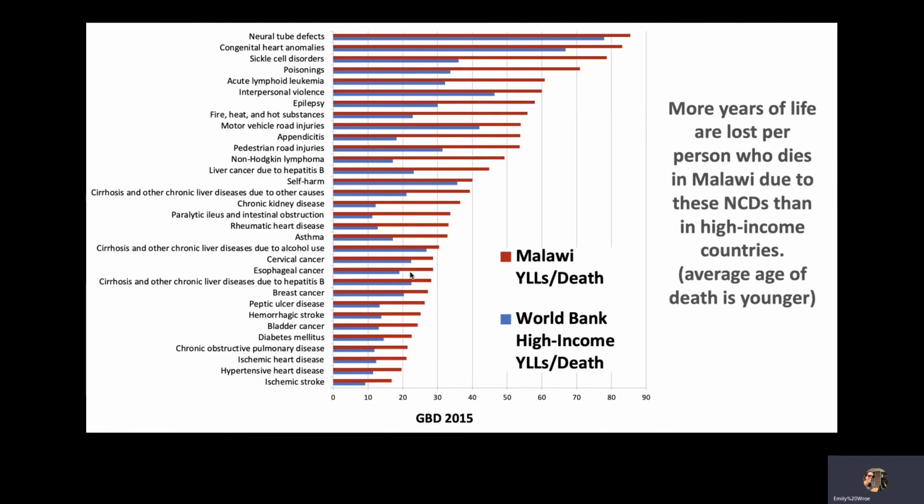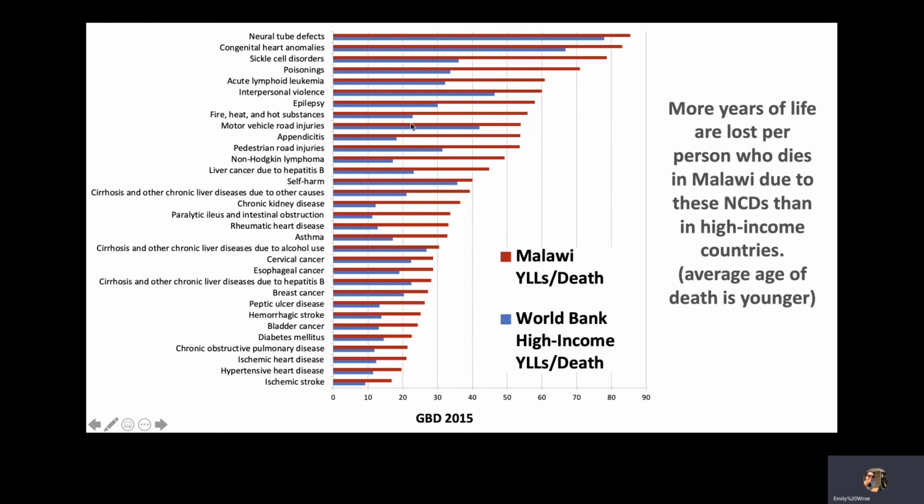And then we also used the Global Burden of Disease to look at specific conditions. So here we're looking at a big list of NCDs, things that people don't always think about: acute lymphoid leukemia, poisonings, epilepsy, burns, appendicitis, rheumatic heart disease, cervical cancer, and showing that in Malawi, for everyone who dies, we're losing a lot more years of life than we are in high income countries.